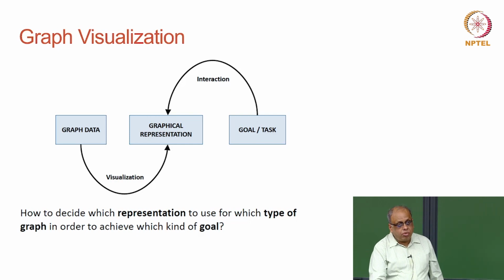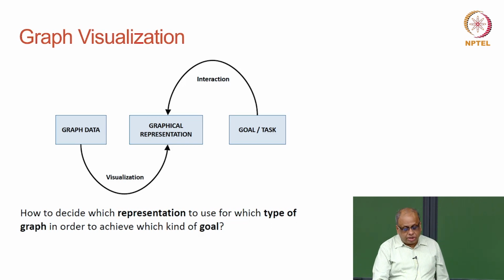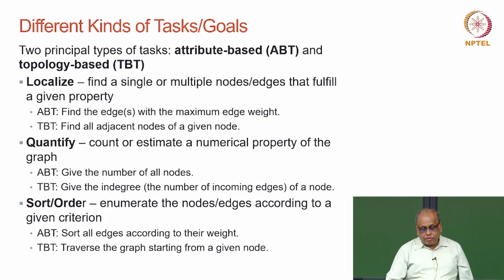The user has some goals or tasks, and they will interact with the visualization to understand it better so that they can answer the questions that they have. So what you have to do in graph visualization is to decide on the representation, on what type of way you want to visualize the graph, and also how you can interact with the visualization. So we will look into various ways you can interact with the visualization.